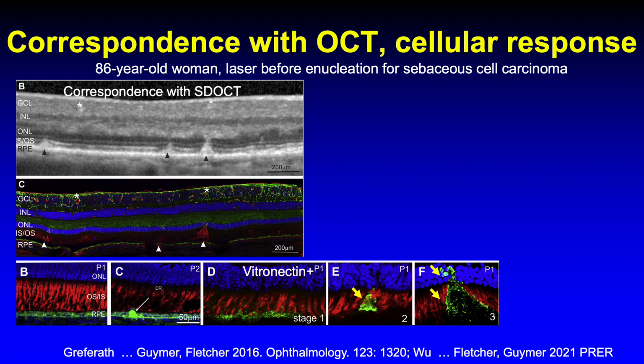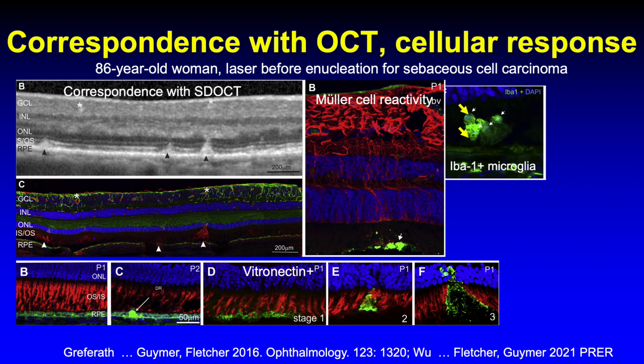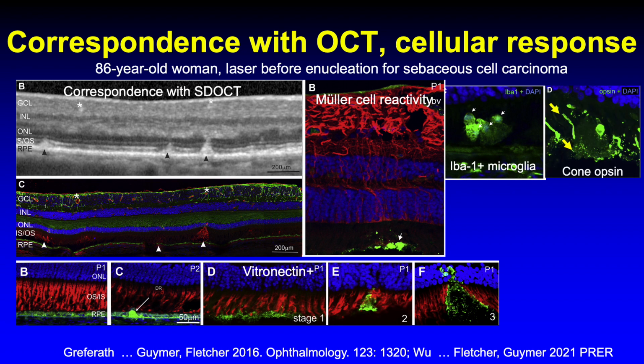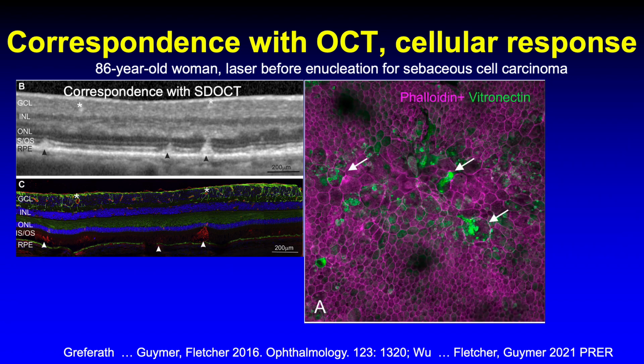The Mueller glia responded to even tiny SDD by upregulating GFAP. Microglia invaded from inner retina, and cone opsin was apparent in SDD, and they were oil red O negative, confirming our results. Finally, in flat mounts, the RPE could be seen to be perturbed under the deposits.